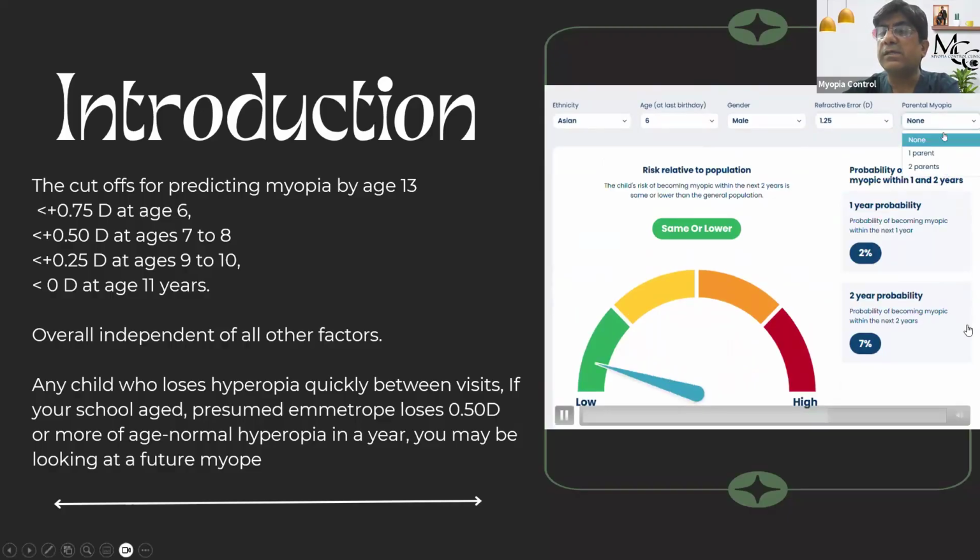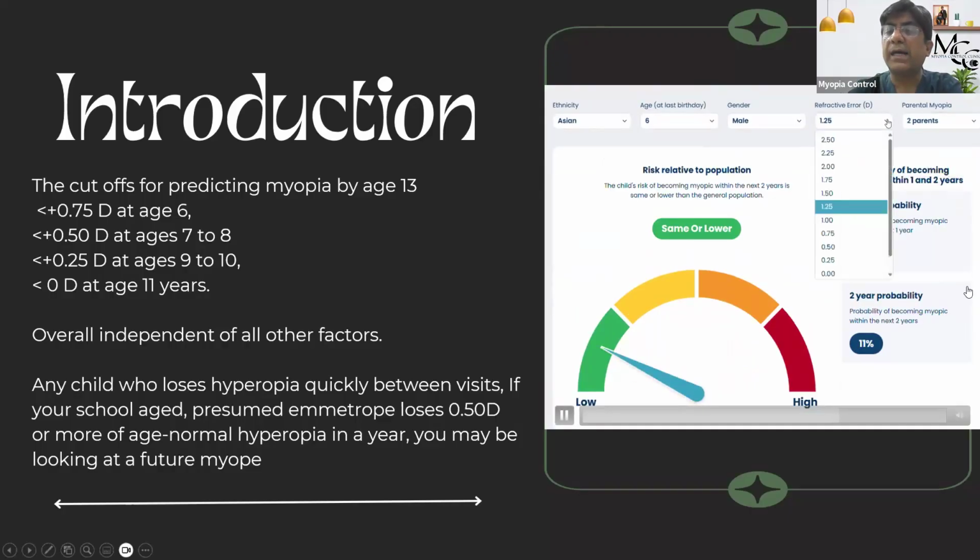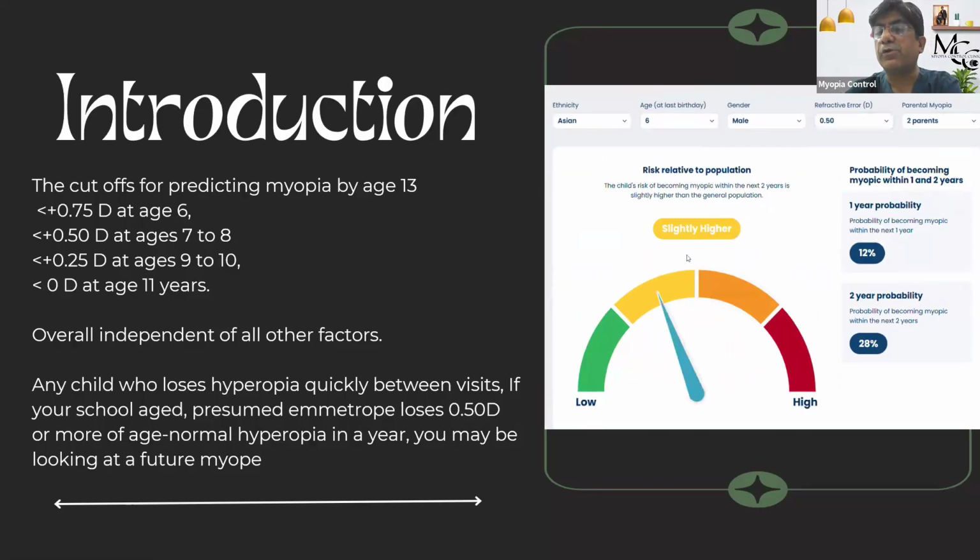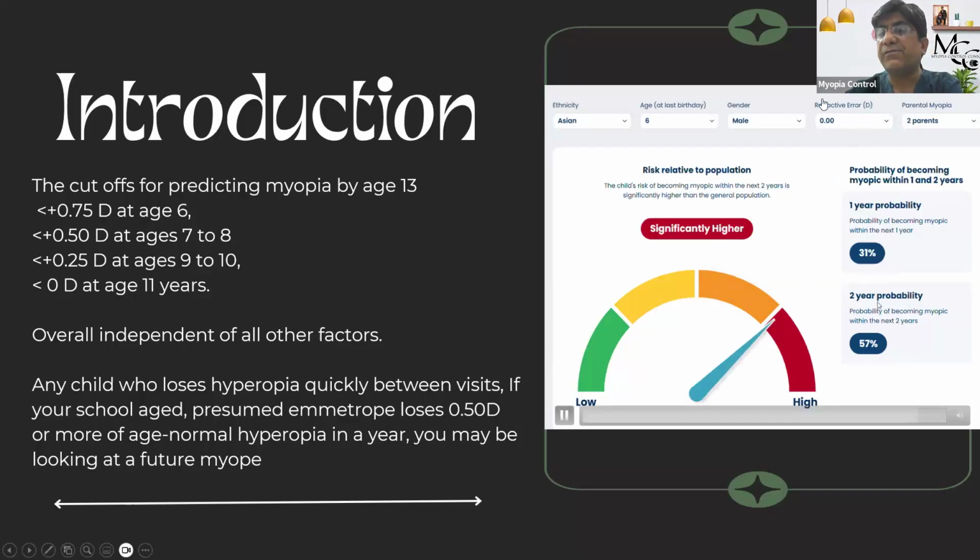And number two key is parental myopia. The moment I put two parents, but if I reduce the refractive error to 0.5, it becomes slightly higher. If I make it 0, it is very high. So the key to this is baseline refractive error, and the second point is parental myopia.